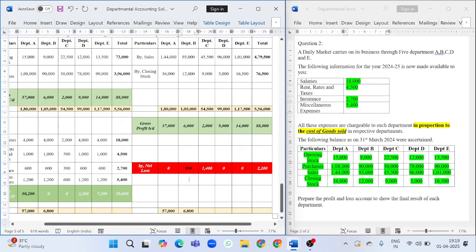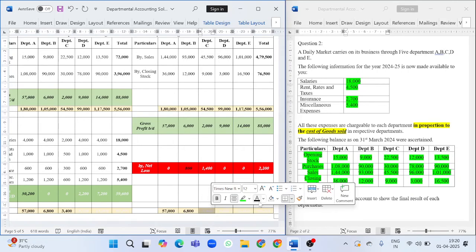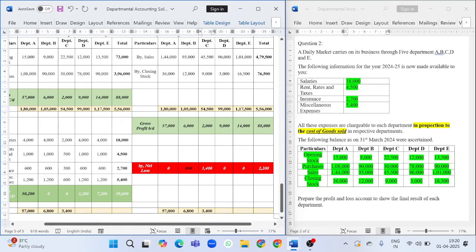Now let us check for department C. Again, department C debit side total is more. So I am getting the total of 3,400 rupees, and the same balance I will write on the credit side, and I will subtract the gross profit of department C from 3,400, and I am getting 1,400 rupees.